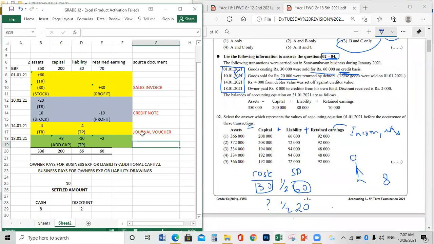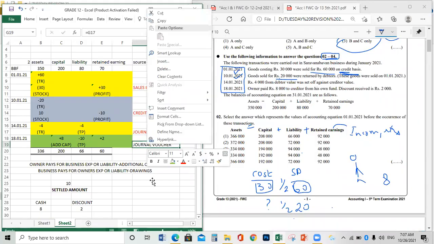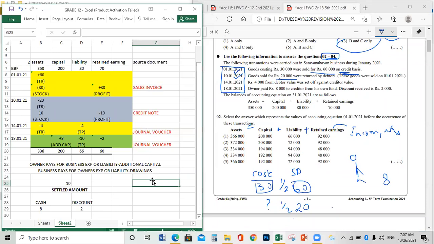Then you have to record it in the journal voucher. Understand that the owner didn't bring cash directly and give it to us for us to record it as a receipt. Yes, I understand when the owner brings cash to the business, it's a receipt for us. But in this situation, he didn't give us money.